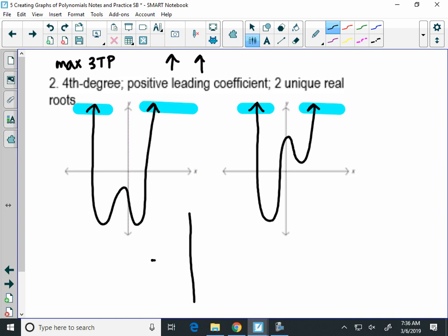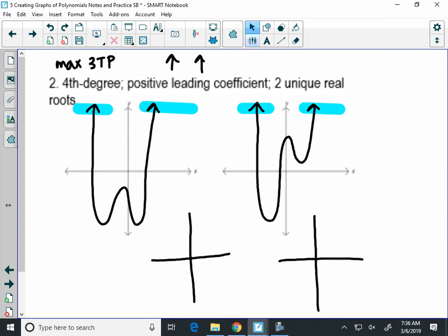There's actually a few more, so let's come up with a couple other possibilities. If we start up high, what if we come down and touch the axis, come down and touch the axis again? I think there's another one. Or we could do our fourth degree polynomial.